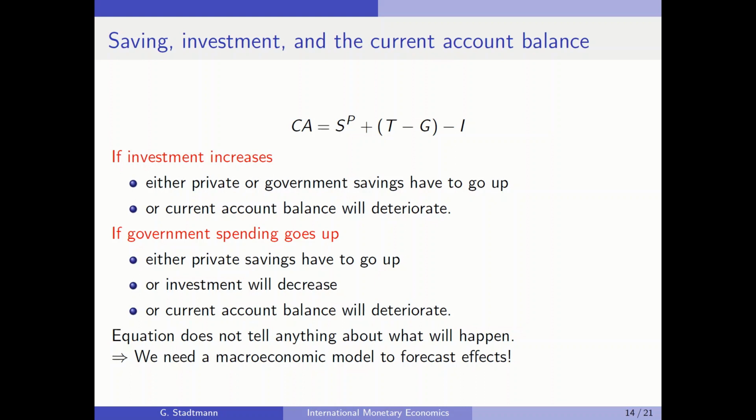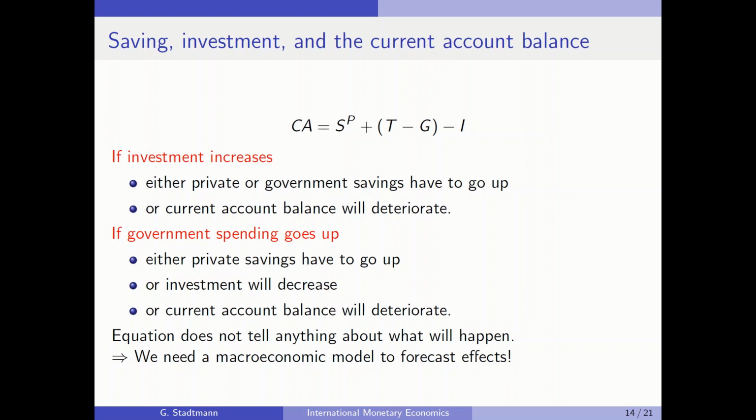Furthermore, when the economy ends up in a boom and GDP is higher, then also private savings will be higher. But in an open economy, there's a third possibility that also the current account balance will be affected and the current account balance could deteriorate.